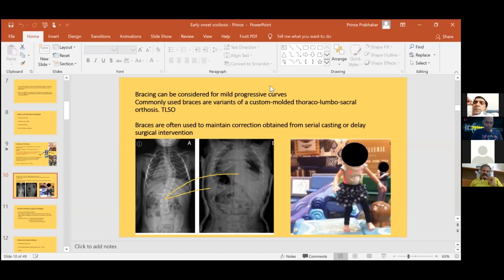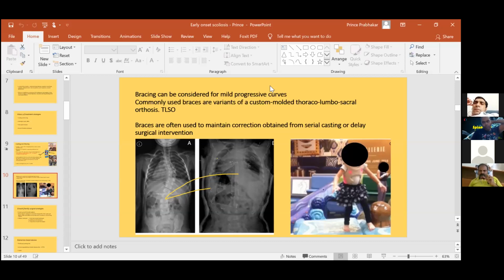So people have operated even at 2 years of age, but ideally about 3 or 4 years, because you need to put some anchor above and below and then crunch it. So I would do it about that time. But yes, for a sharp angular deformity, you do that at 3 or 4 years.